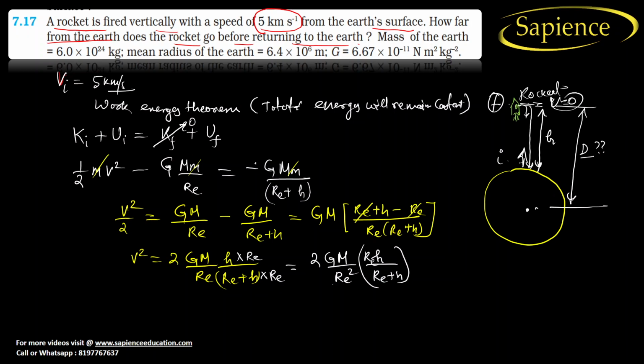Now can you see that this is the formula for gravity, that is small g. Small g is equal to GM by radius of the earth whole square. So we can write here 2 into the value of gravity, that is 2 into 9.8, into radius of the earth into height h divided by (R_e plus h). I hope you have got this, and this is equal to v square.